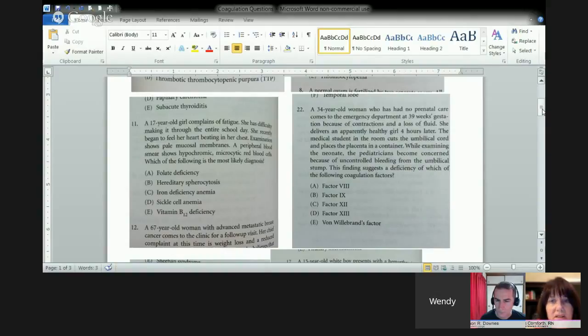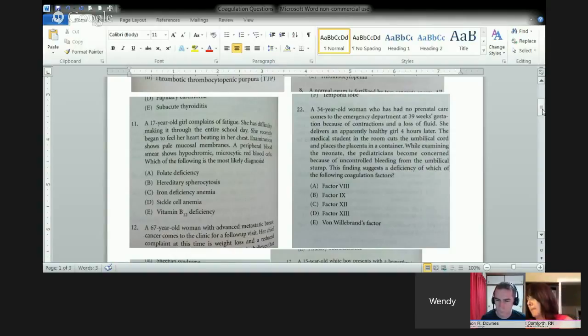So this is where somebody has hemophilia, which is factor 8, hemophilia A. But then there's hemophilia B, that's factor 9. Hemophilia B is the Christmas disease, like Christmas time, Christmas 9.